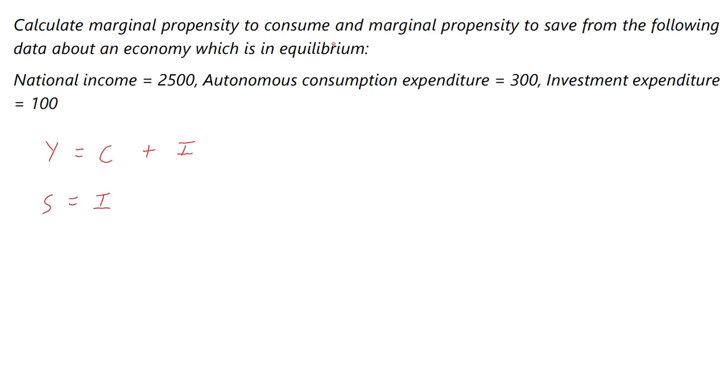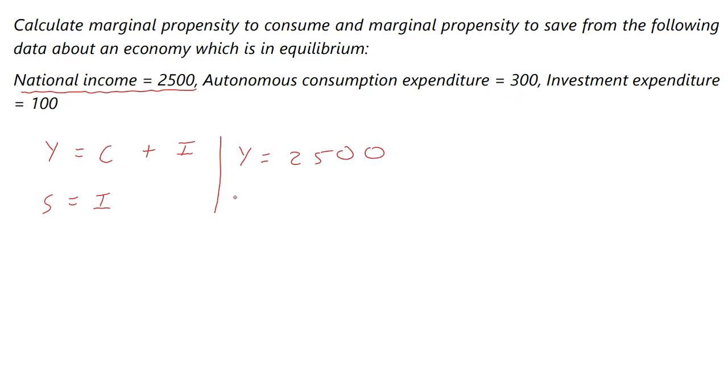Now let's see what data we have. National income is 2500, so this is Y. National income 2500 means Y is equal to 2500. Autonomous consumption expenditure is 300.